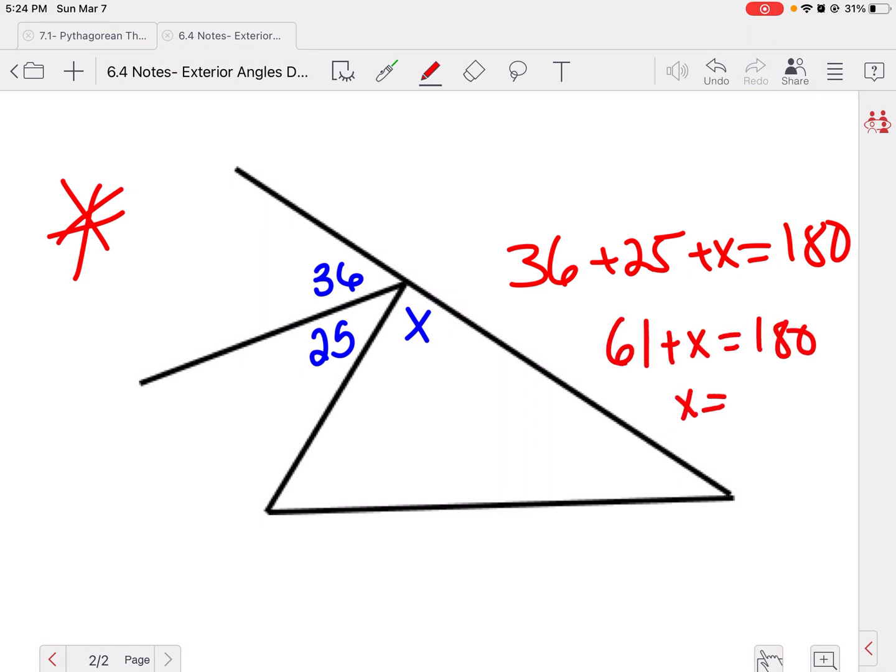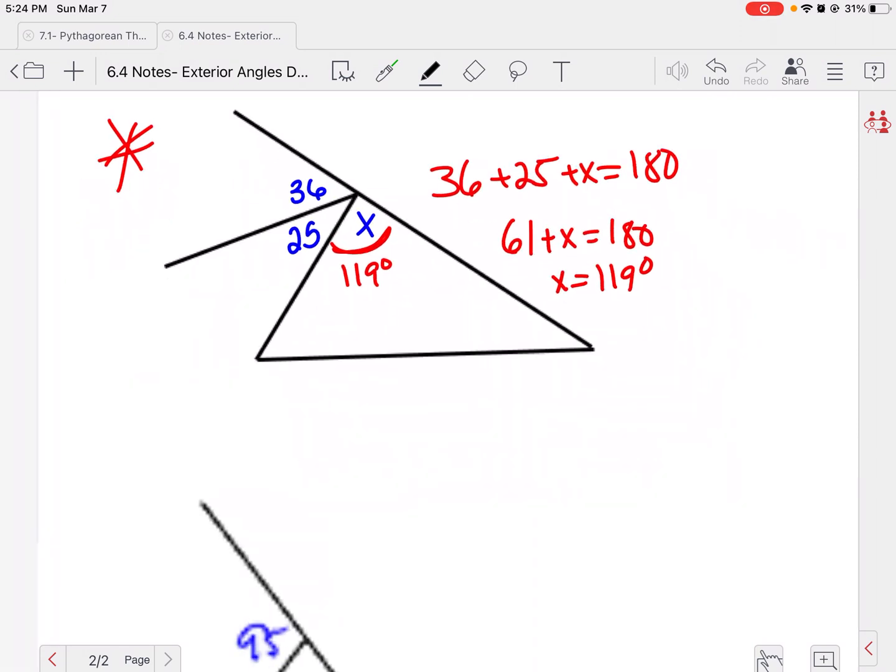And then x is equal to 180 minus 61, which would be 119 degrees. So we know that x is 119 degrees. Again, remember, sometimes the pictures aren't drawn to scale, right? You have to assume that what they gave you is true and use that to find the last one. You're not going to say, well, that looks like it's closer to 90, so I'm going to say it's 90. You're actually going to figure it out.